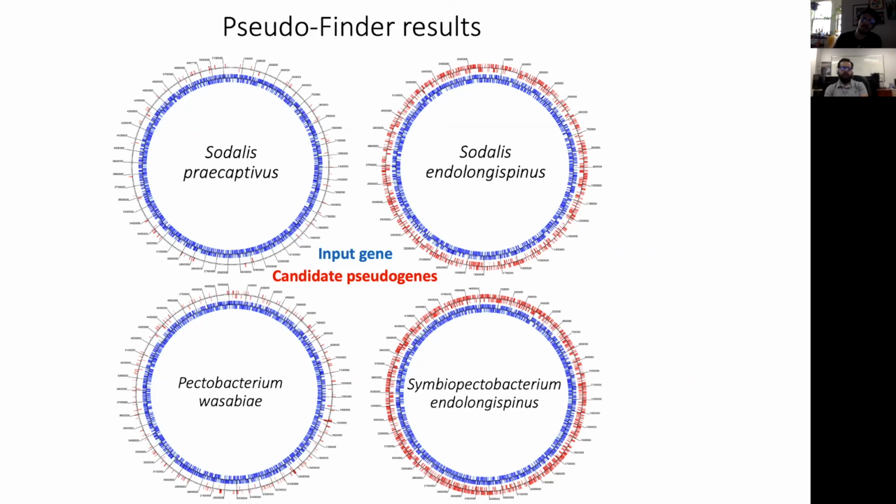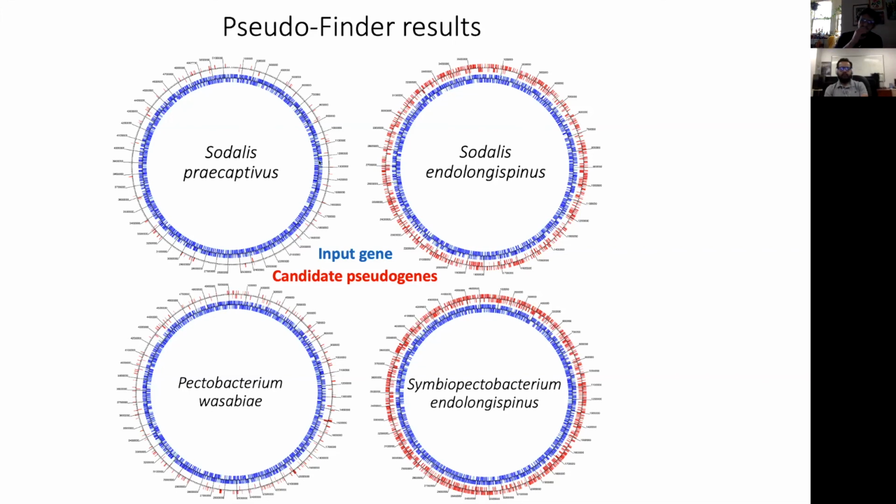And on the right, we have a genome of a recently acquired symbiont, which is thought to be derived from Sodalis praecaptivus. So this is actually a cultured isolate that's a free-living bacterium, and we also have a genome of an endosymbiont that is really closely related to Sodalis praecaptivus.